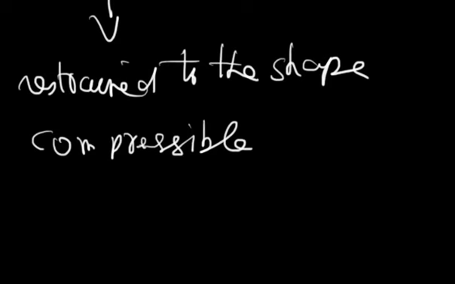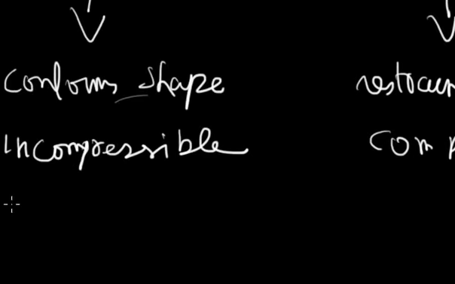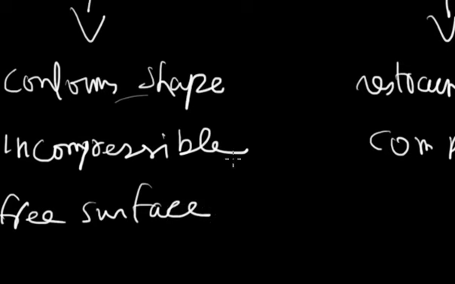Now, another key point about liquids is that because they take the shape of a container, liquids will have a free surface, which simply means that, as I have already shown at the beginning of this lesson, there will be free space in a container.